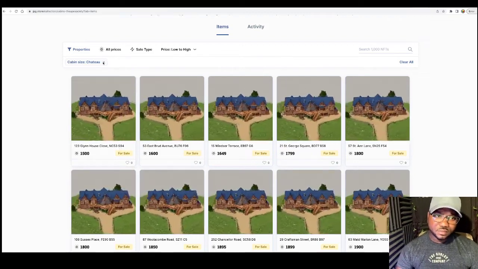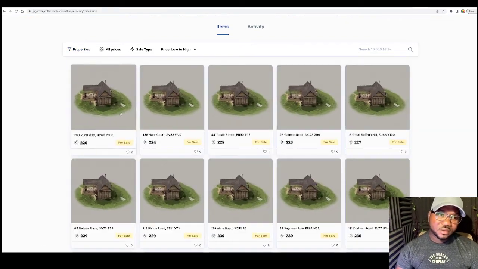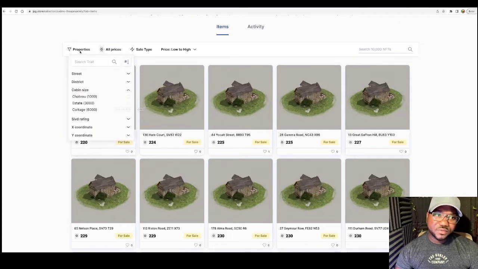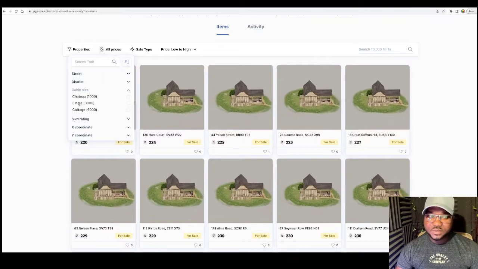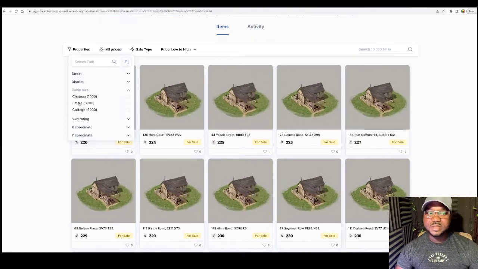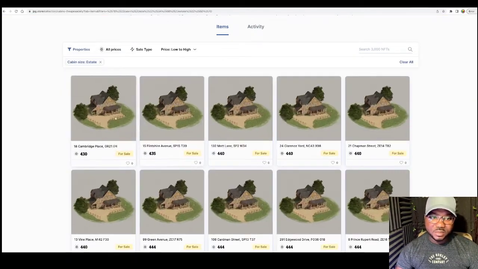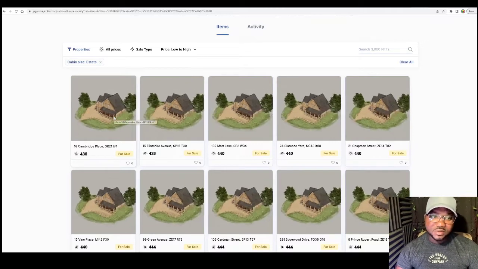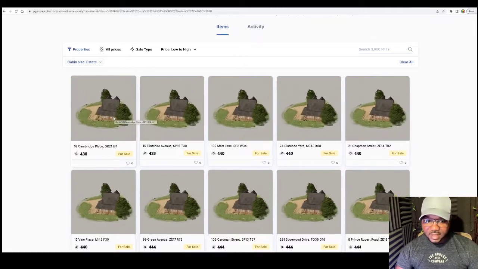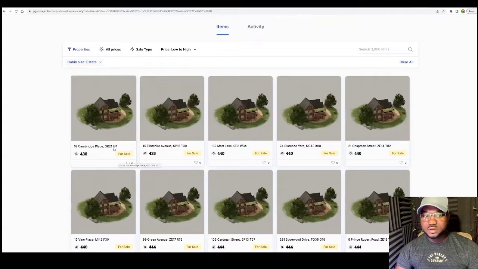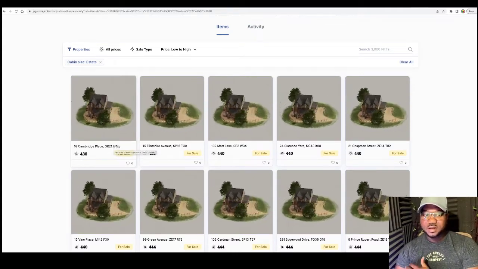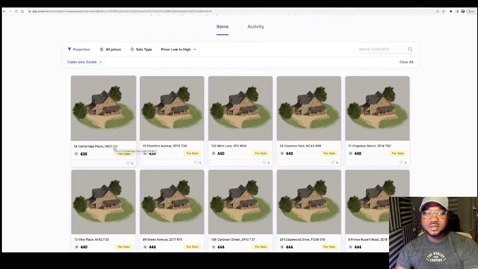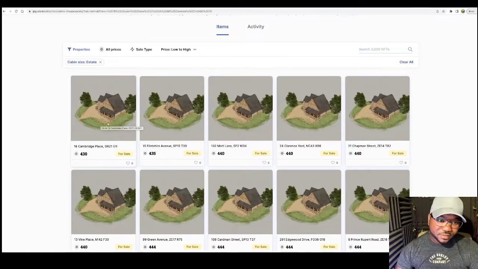Now, so you have your chateau, and then you have your estate, which is the second largest real estate that you can buy, second most expensive. And then again, that one is also broken down from A all the way down to Z, as it relates to this particular number, right?